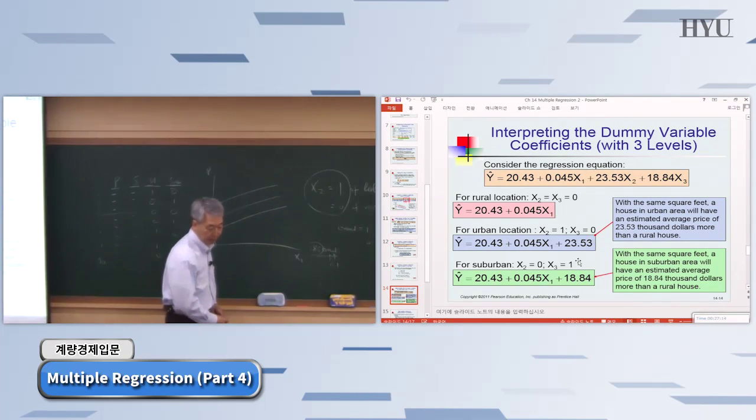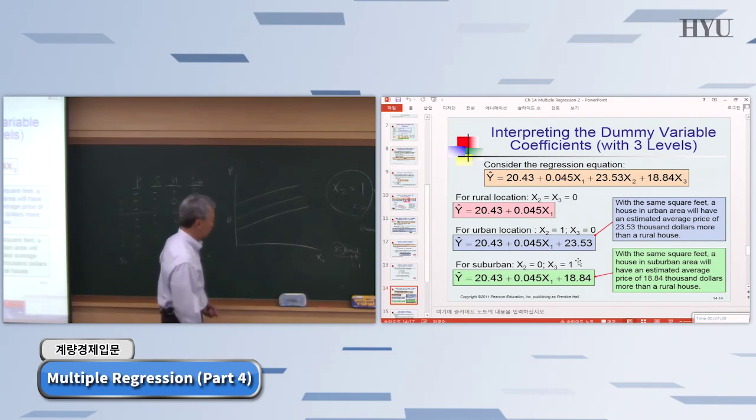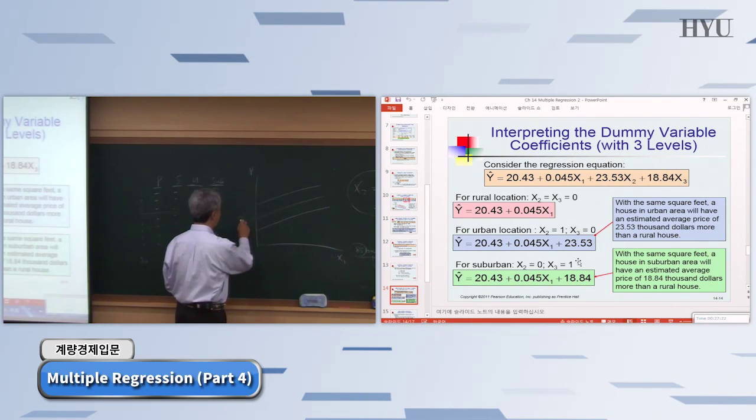Looks like this is the rural location without any addition, and that's 20.43, the intercept. For the urban location, that's 20.43 plus 23.53.